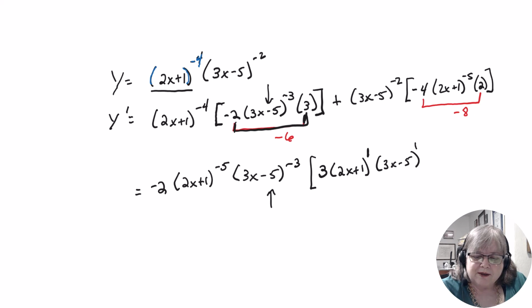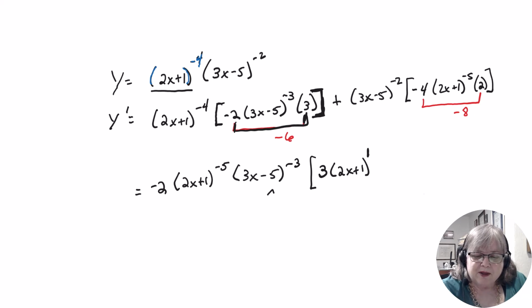So do I need something right here to multiply this by to be sure it's equivalent to up here? No, because I took them all out. Now, that gets me to the end right here.